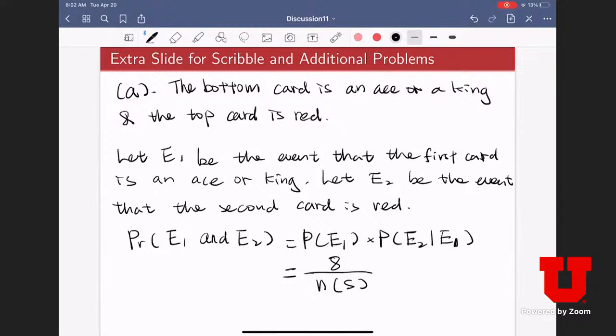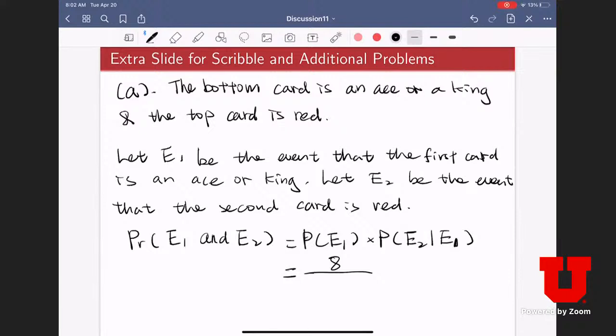And then what about the sample space? Would it be 52 times 51? Because you would have 52 choices for the first card, and then 51 choices for the next card.